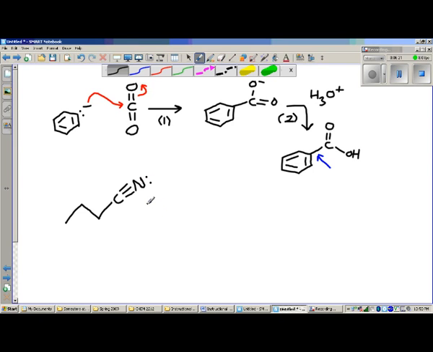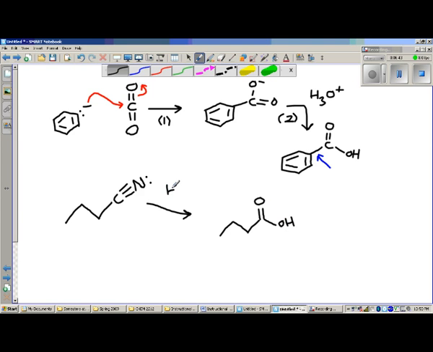Okay. And let's say we wanted to make the corresponding carboxylic acid from that. So let me try and draw that out and make it look less spazzy. So there's the corresponding carboxylic acid. Notice the number of carbons hasn't changed, 4 and 4. As far as the reaction goes, it's very simple.